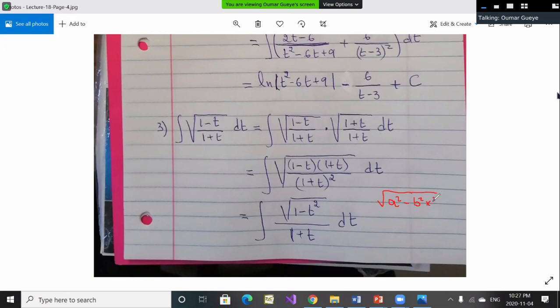Last week we saw that in this situation your substitution formula is going to be x equal to a over b sine of theta. And this is the situation that we have. But in our example here, a is equal to 1, b is equal to 1, and the x is t. So the t stands for x. It means your t is going to be 1 over 1 sine of theta. Okay?